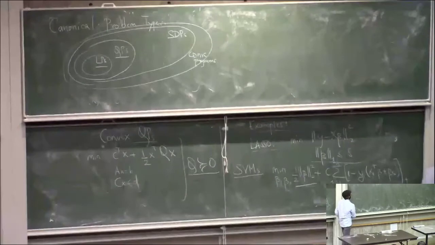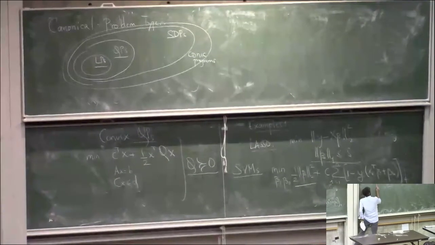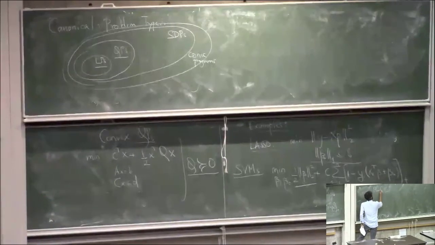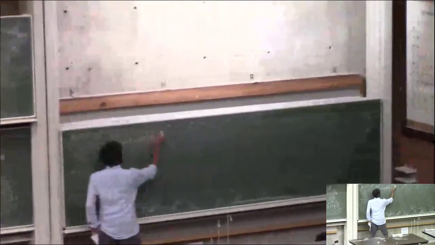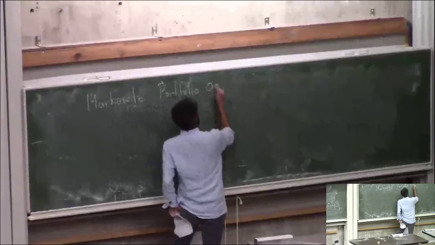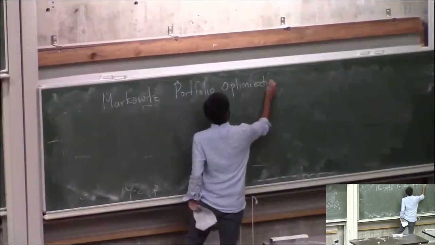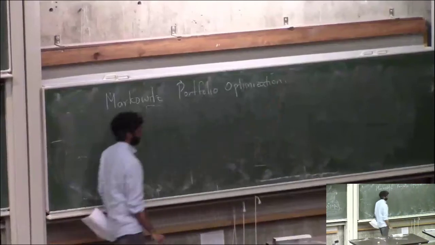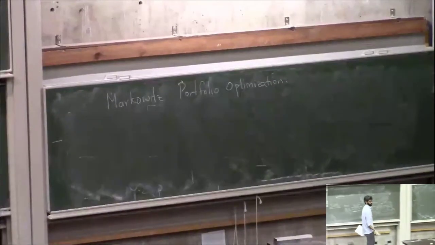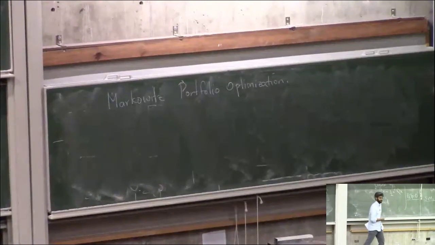We'll look at a different one. This is an economics-ish example. This is something called Markowitz's portfolio optimization. Here the idea is you want to invest in some stocks and they have a stochastic return.